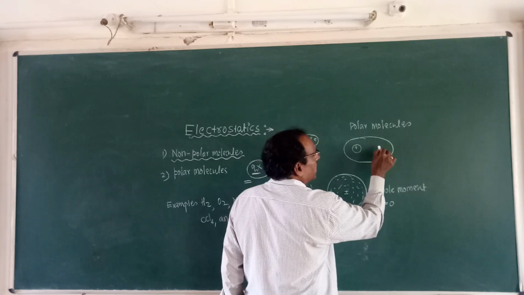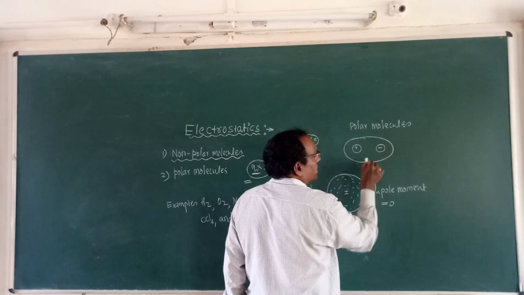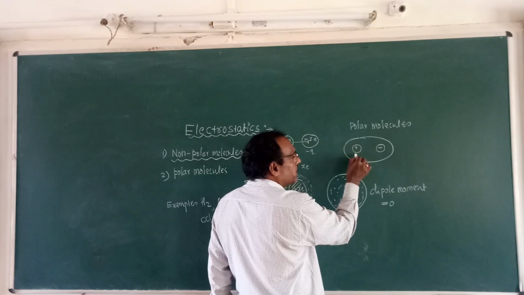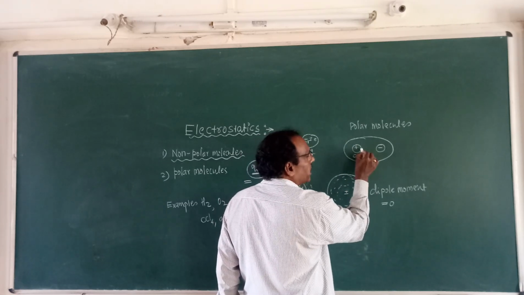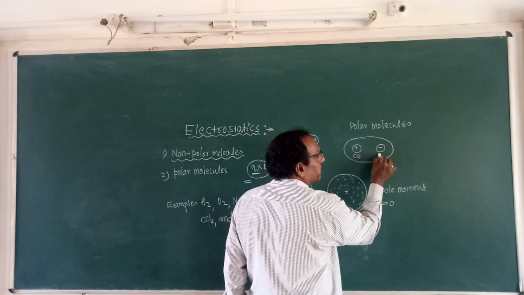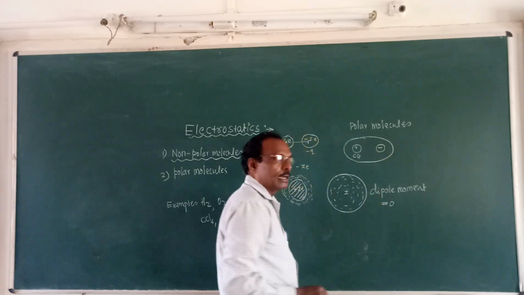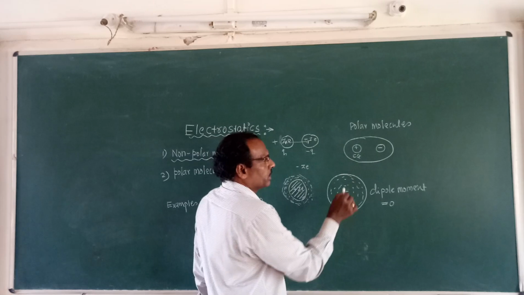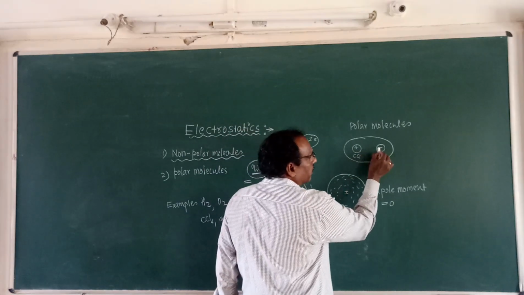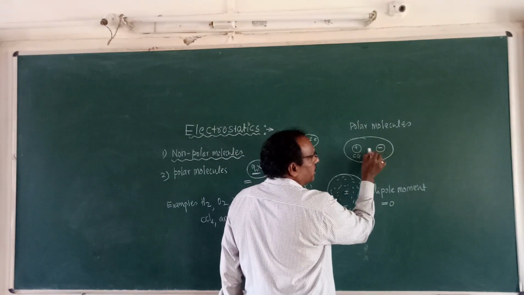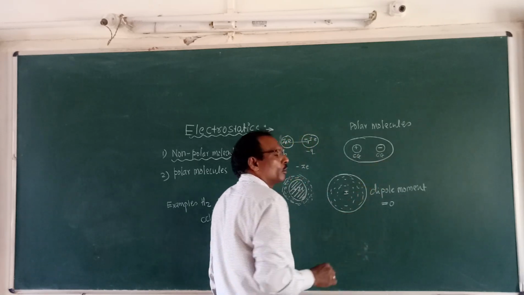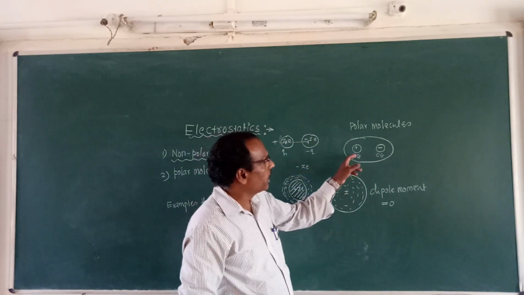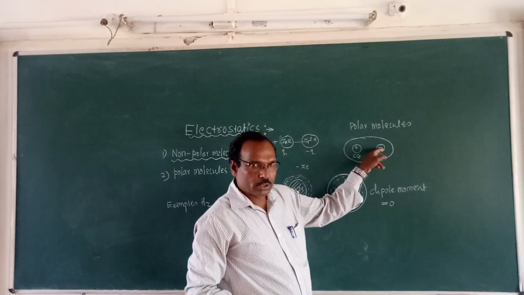This is the positive charge and this is the negative charge. The center of gravity of the positive charge is separated from the center of gravity of the negative charge. There is a definite, finite distance between them.